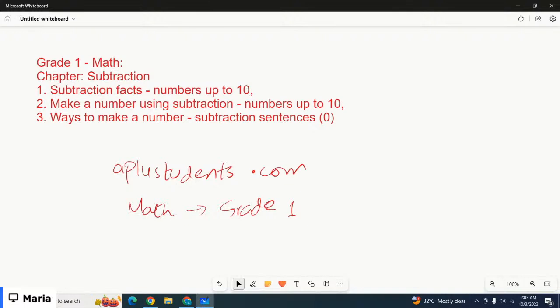So in the last week we were already working on subtraction. We already learned how to subtract. So what do you know about subtraction? What is subtraction?